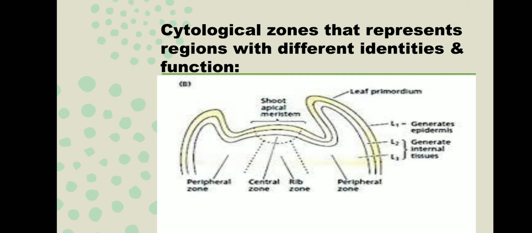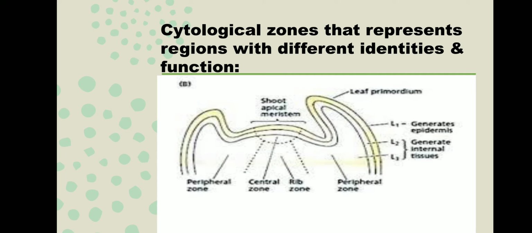So if there is a mutation in this WUS gene, these apical initials lose their ability to divide continuously as they used to do in meristematic cells. Then these cells get differentiated into different zones like the peripheral zones.